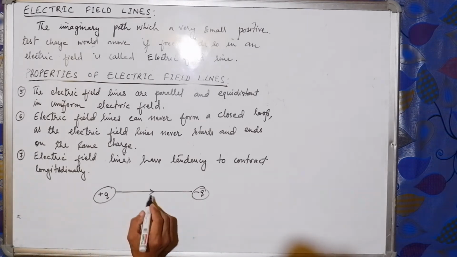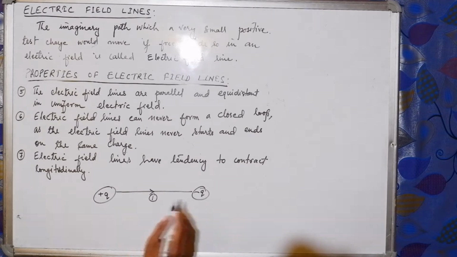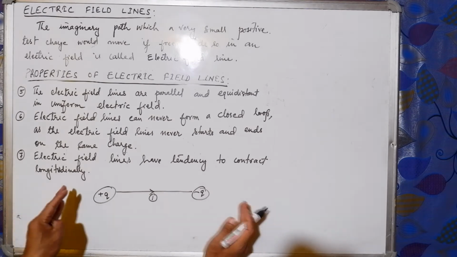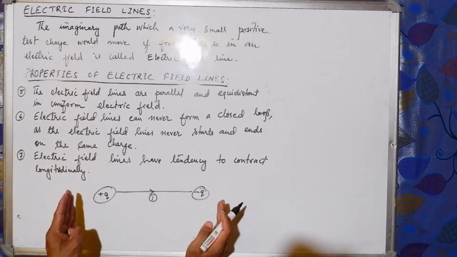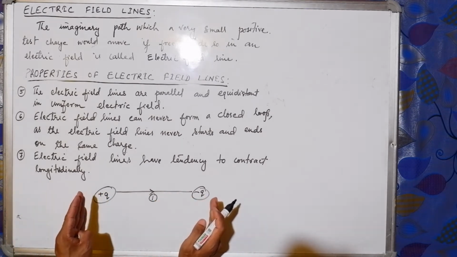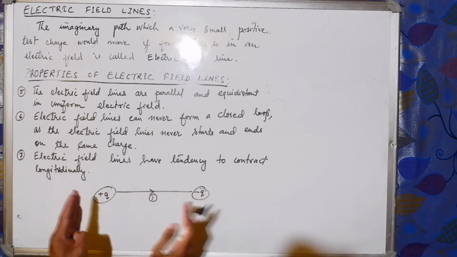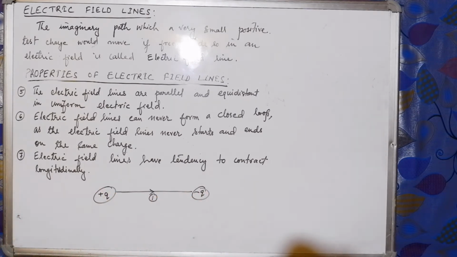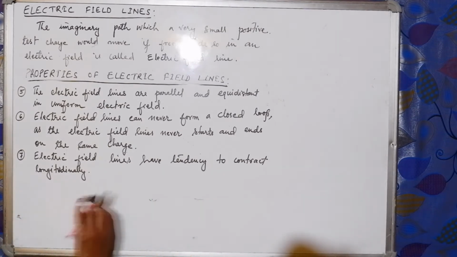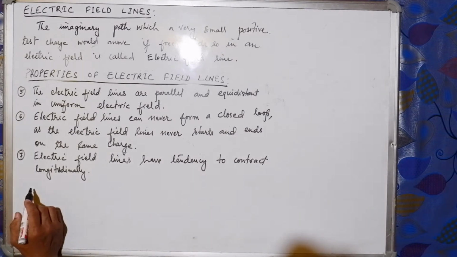In that way we can see that electric field line number 1 will be reduced in length. So electric field lines in general have the tendency to contract longitudinally along this side. The length between plus Q and minus Q can be reduced. They can contract.